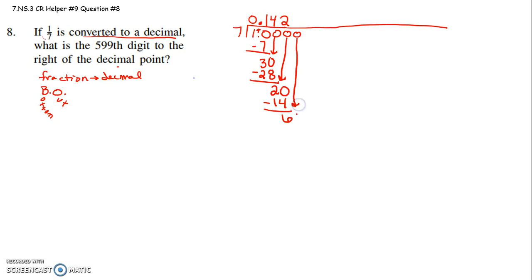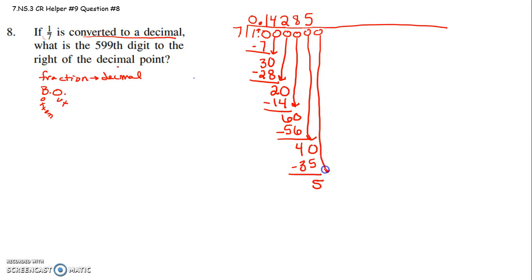Drag down a 0. 7 goes into 60 8 times. 8 times 7 is 56. 60 minus 56 is a remainder of 4. 4 left over, so I'm like, it hasn't repeated yet. Drag down a 0. How many times does 7 go into 40? 5 times. 5 times 7 is 35. Subtract off. Remainder 5.